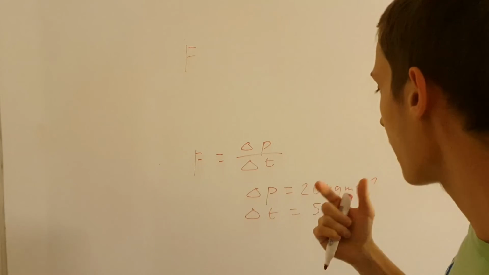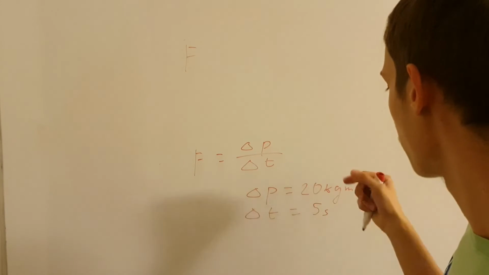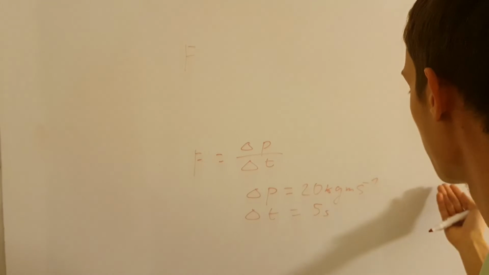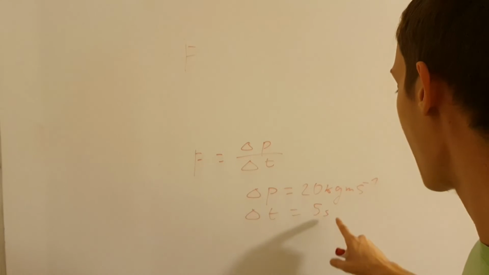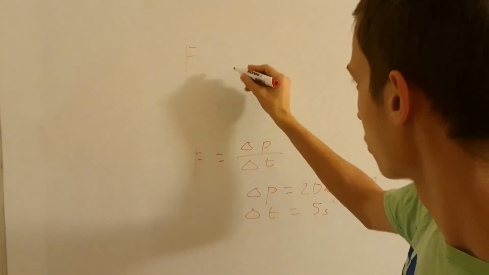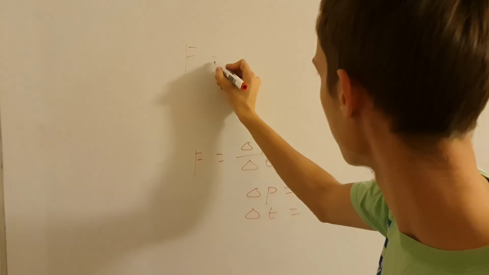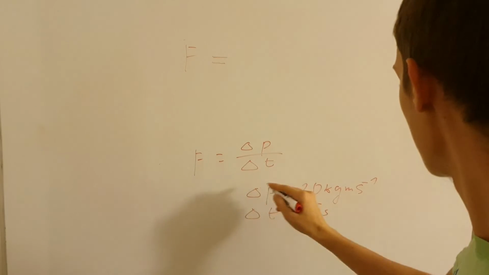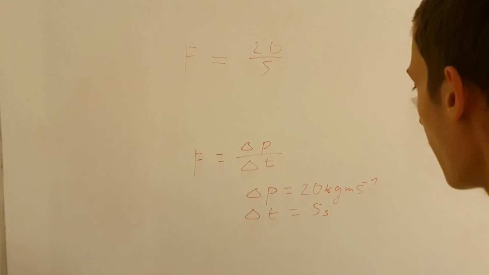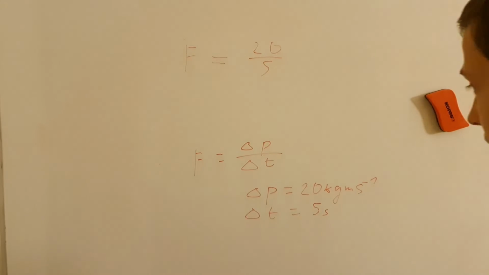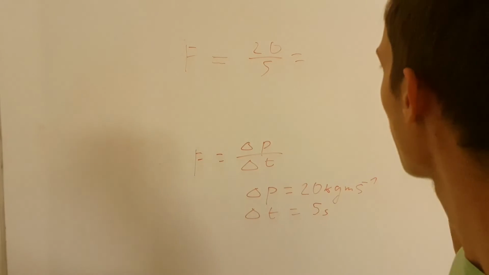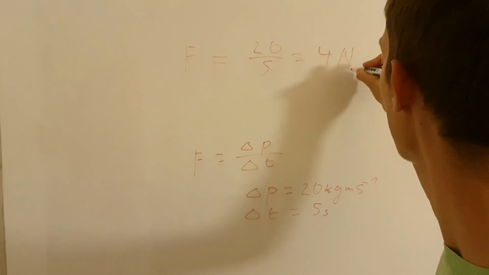And the idea is now I'm supposed to find, let's say, with the change in momentum of 20 kilograms times meters per second, and the change in time over that change in momentum process being 5 seconds. So if it takes me 5 seconds and the overall change in momentum is 20, then it's 20 over 5. And the net force will be 4 newtons as follows.